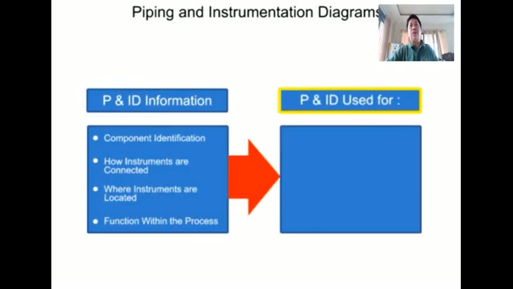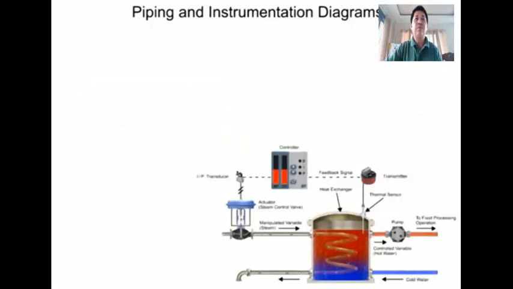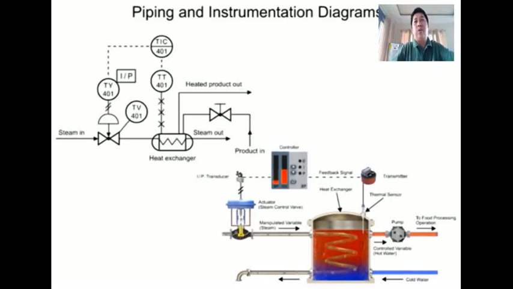So we have also here the P and IDs for troubleshooting, process monitoring, and we have also here the heat exchanger, which is the machine. And we will compare it to our instrumentation diagram.